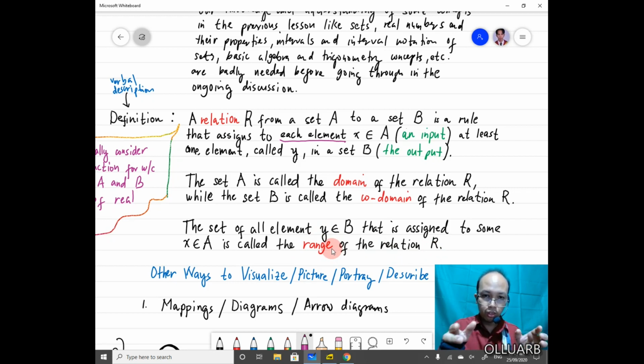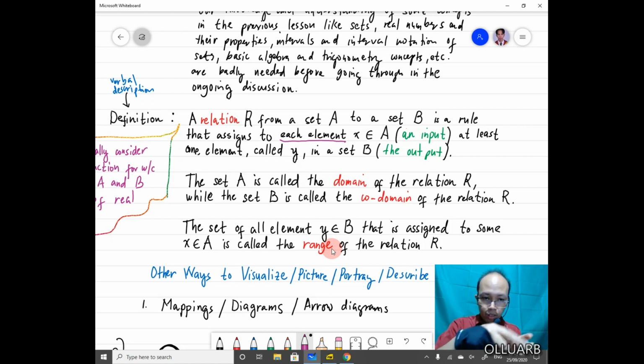Remember this illustration, the contestants and the judges. For example, in the set A, all the objects there are judges, judge 1 up to 10. In the set B, we have contestant 1 up to say 20. Suppose that all the judges choose contestant number 1, and they did not choose contestant 2 up to 20.